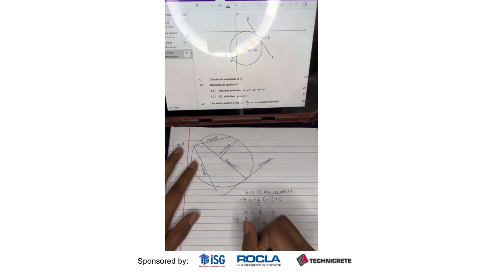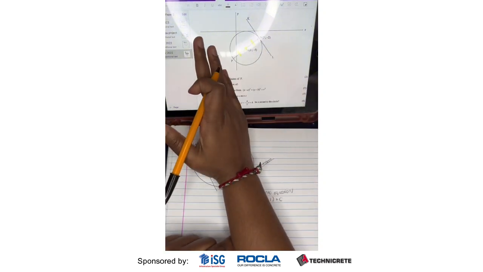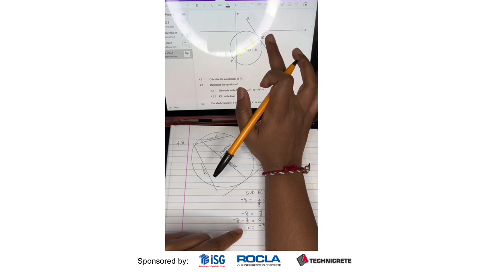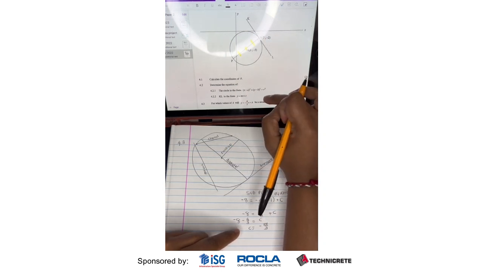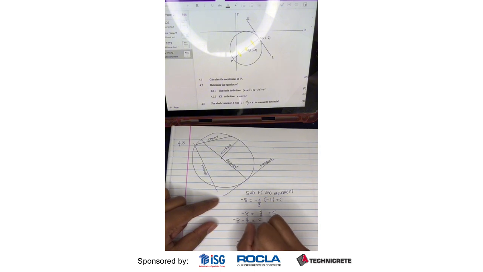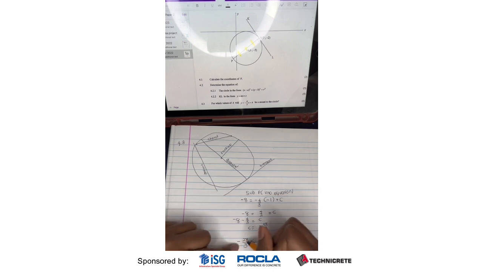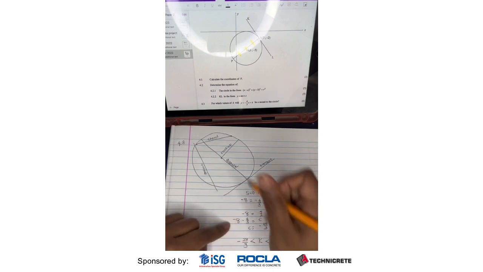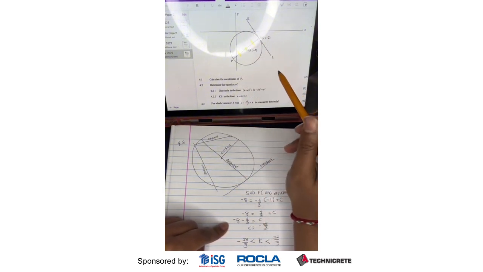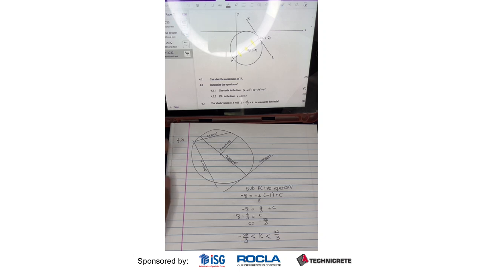This is basically the restriction point, and then the y-intercept of KL. That is where a secant can lie. So it's going to be k is greater than negative 28 over 3, but less than 22 over 3, which is the actual y-intercept for KL.